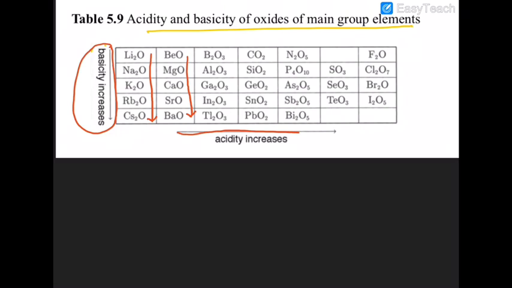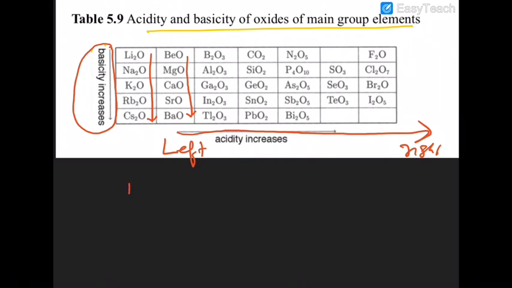Similarly, acidic strength increases as we move left to right. You have to memorize these things. Are you getting that or not? Remember that. Are you sure? Very much sure.